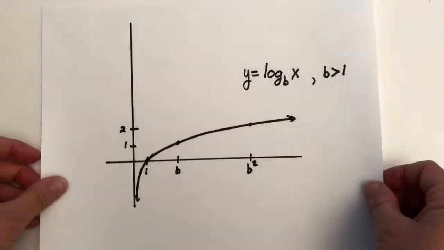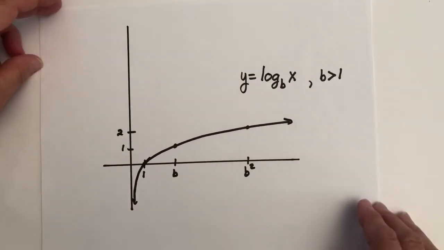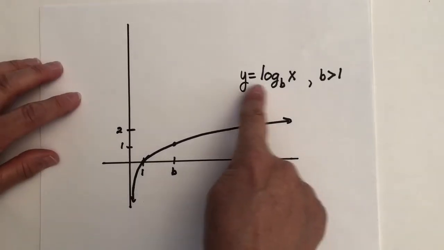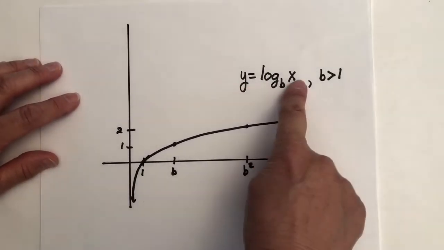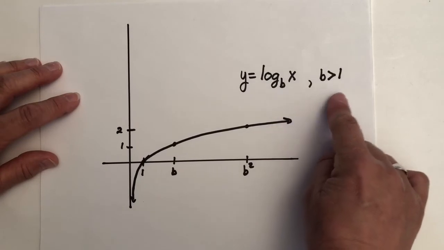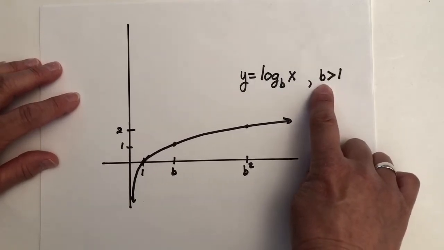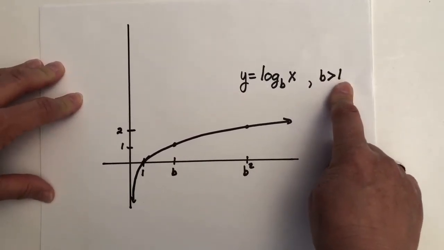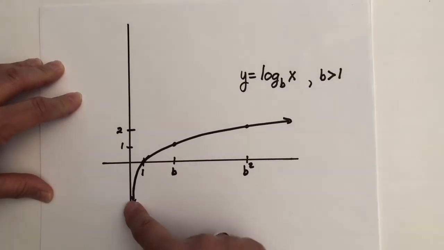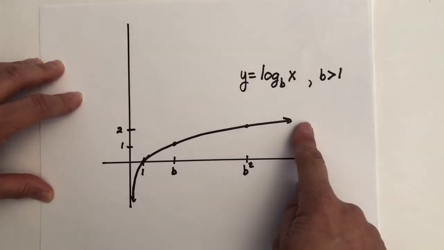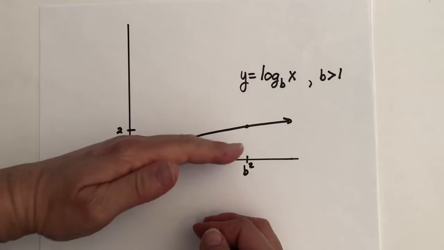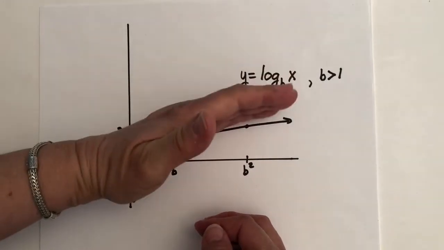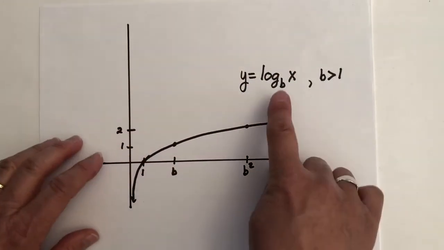So let me show you in general what the graph looks like for our logarithmic functions. If we have a logarithm, or y equals the log of x base b, and b is any value greater than 1, then our logarithmic function will look like this. It will be flatter or a little steeper depending on what your base is.